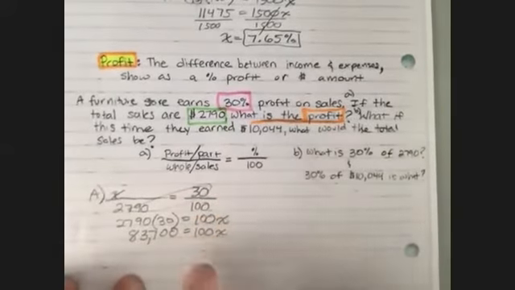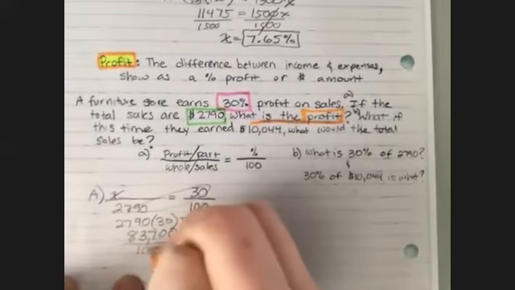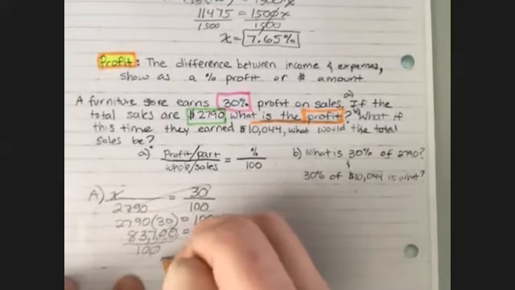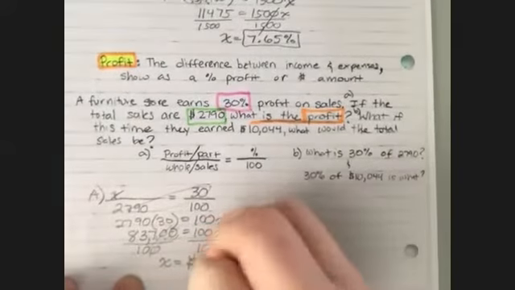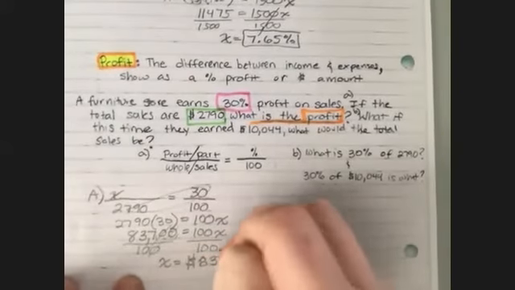At this point now I need to divide by 100 to isolate the x. So using inverse operation. And keep in mind when you divide by 100, it is like moving the decimal 2 places because these cross out. So in the end, your X should equal a dollar amount for the units, and it's $837.